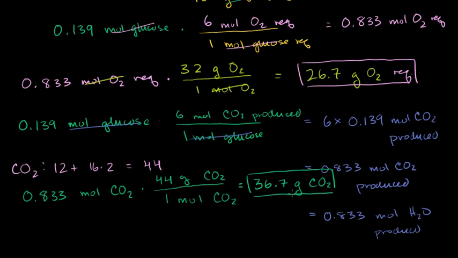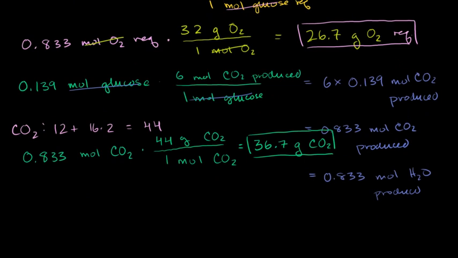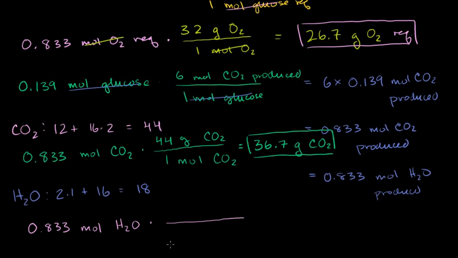And then we're almost done. We just have to figure out how many grams of water are going to be produced. We know it's the same number of moles, but how many grams is that? Water's atomic weight is going to be 2 times 1, because we have 2 hydrogens, plus 16, which is equal to 18. So if we're producing 0.833 moles of water, we multiply that times how many grams per mole of water.